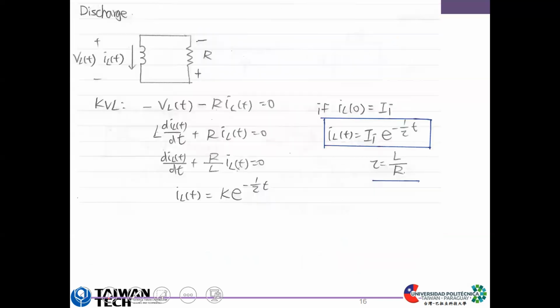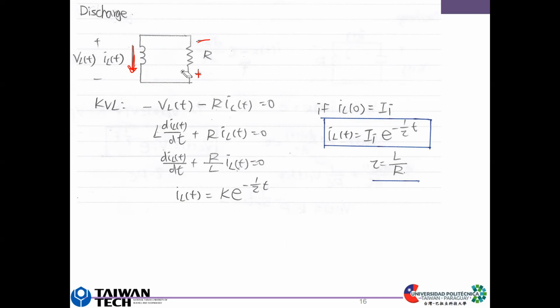And so for the discharge of an inductor, we apply KVL. We define the current flowing downward, which means the current flowing through R is positive at the top and negative at the bottom. So starting from the left bottom, we have minus V_L minus R times I_L(t) equals 0.